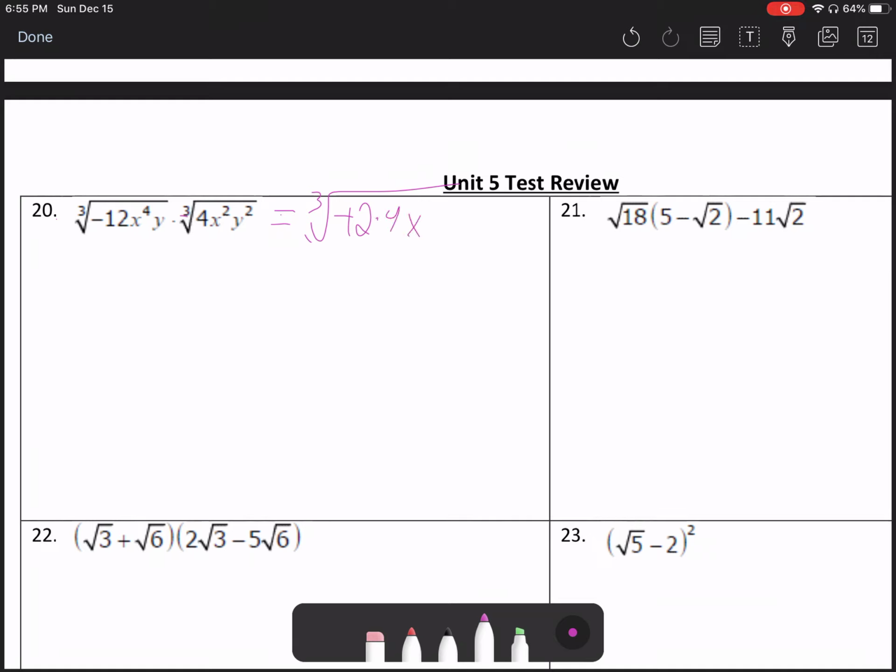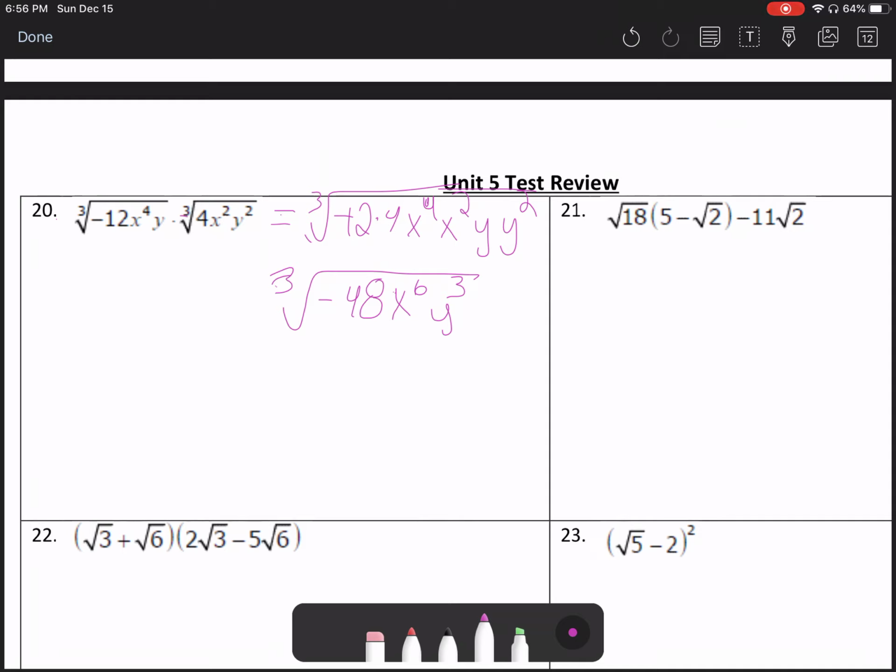I have 4 x's, 2 x's, 1 y, and 2 y's. Okay, so everything goes under the cubed root. So this ends up being the cubed root of negative 12 times 4 is negative 48. And then I have x to the fourth and x squared, so I'm multiplying a total of 6 x's here, and then I have 3 y's.